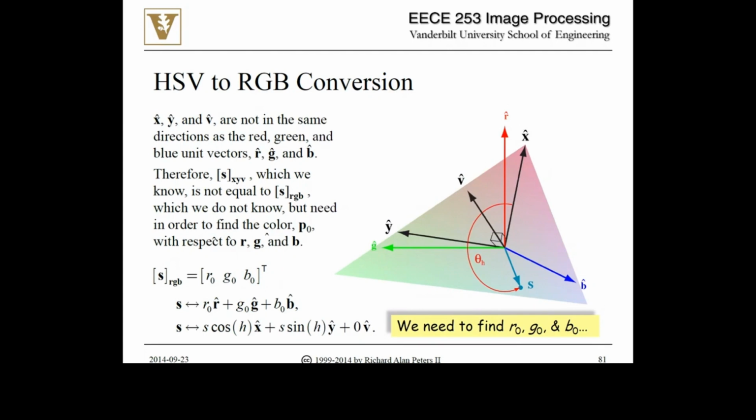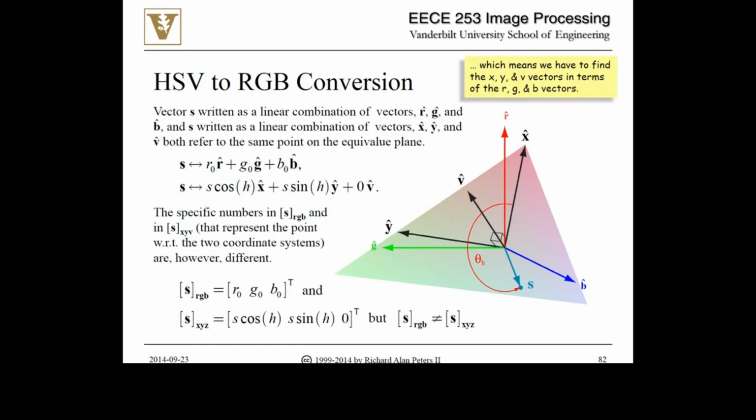This is only to say that the coordinates of x in the x, y, v coordinate system are different from the coordinates of the same vector in the other coordinate system.